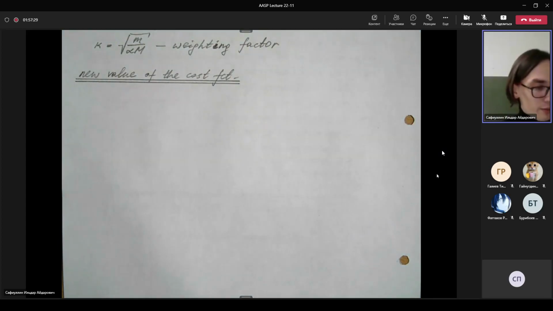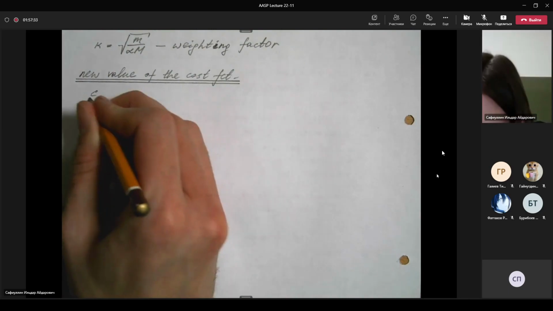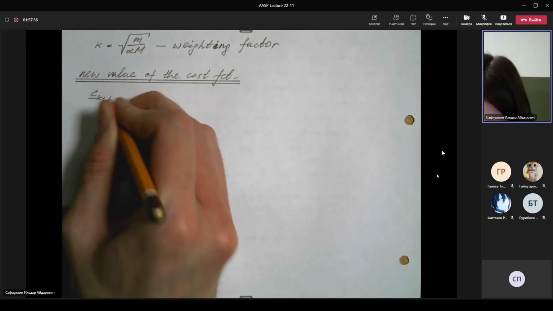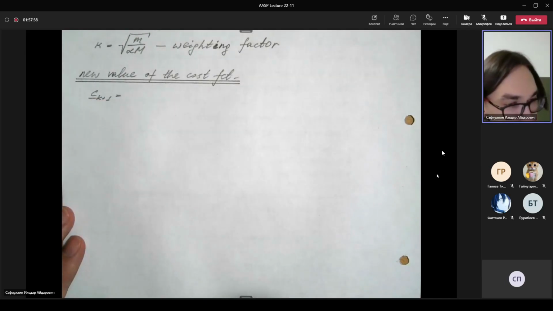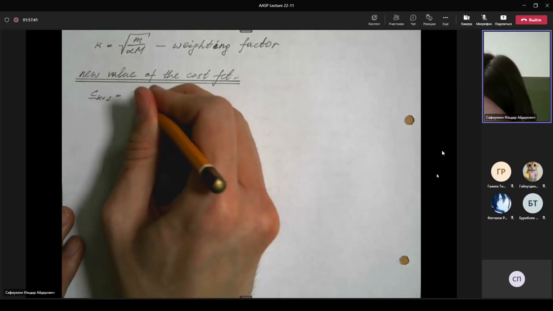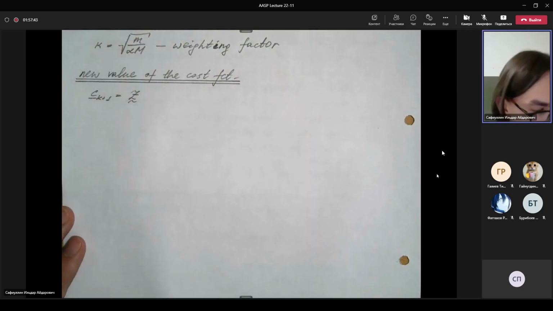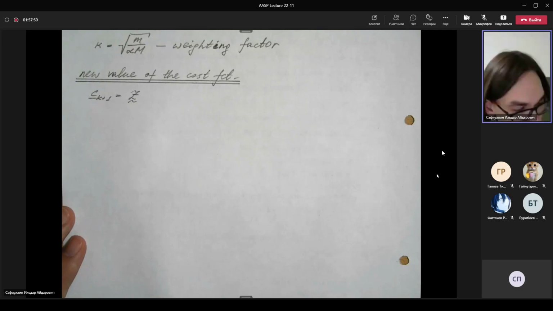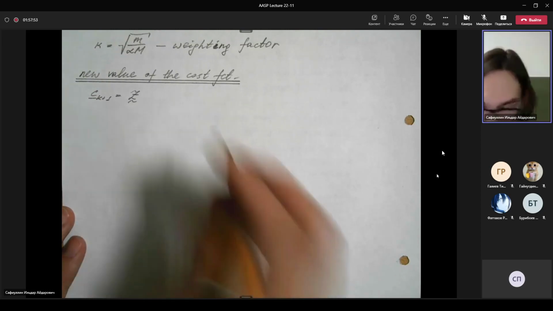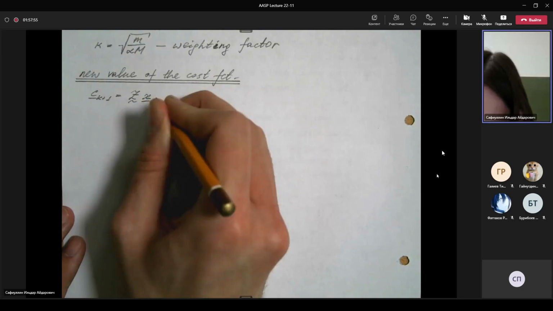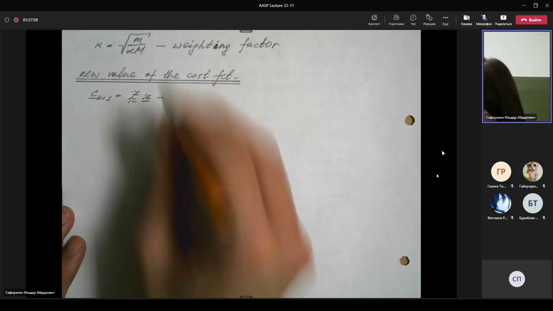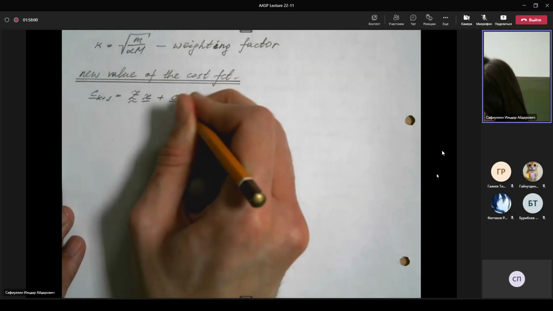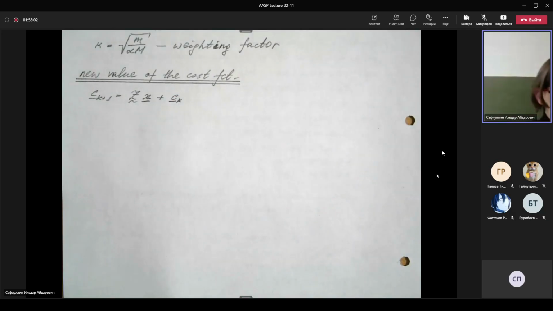The cost function for step k plus 1 is equal to this matrix Z times vector x plus, sorry, cost function for the step k.